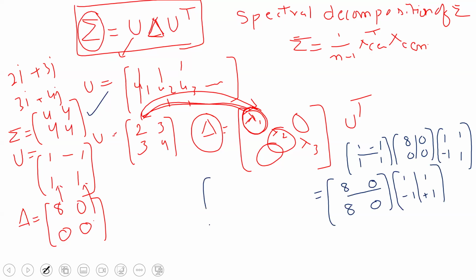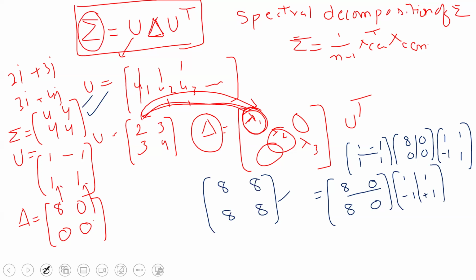So this becomes 8 8 8 8, right? Is this right? Did I do something wrong? This is what I'm getting, which is not matching sigma. Sigma is 4 4 4 4, and I got 8 8 8 8. Where could be the mistake?